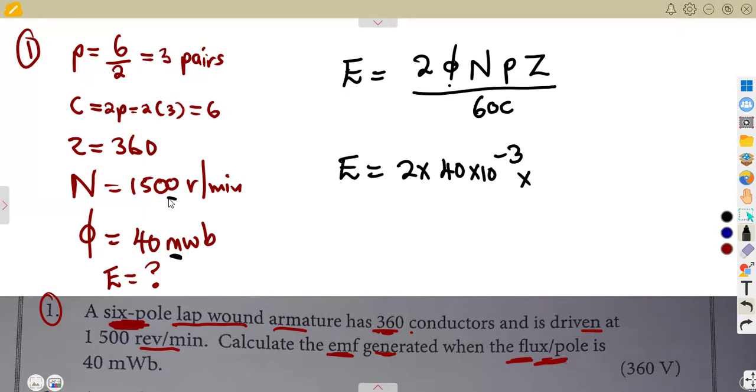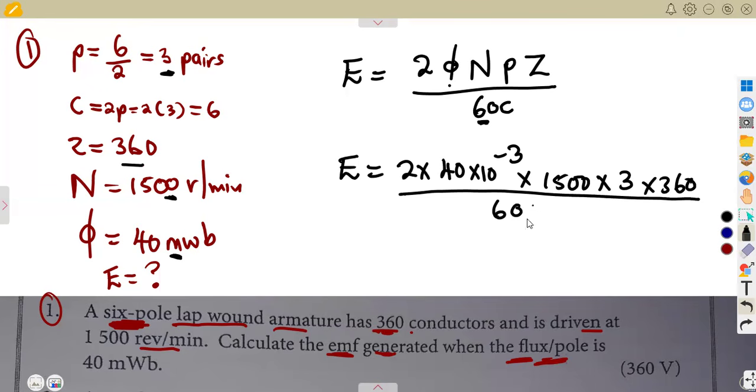The speed is in revolutions per minute, that's why we are using our formula with a 60. So that's 1,500 times P, the pair poles, which is 3, then Z, the number of conductors, 360, all over 60 times C.